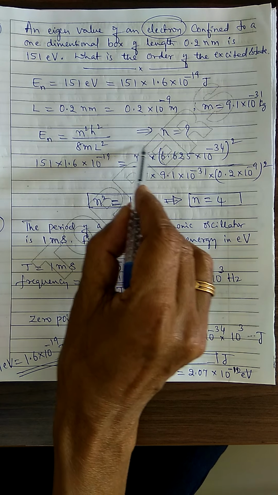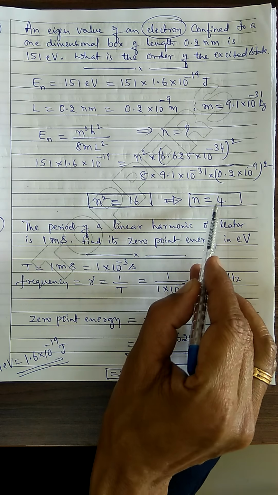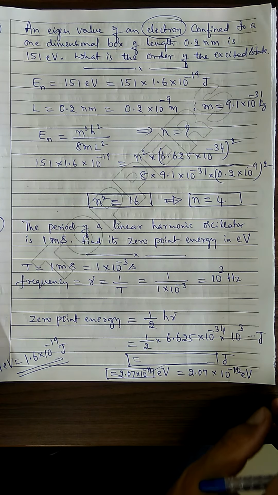Here n square is to be determined. Determine this value of n square. Then n is equal to how much? You do the calculation.